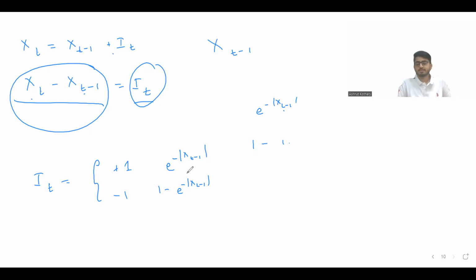Hence the process Xt does not have independent increments.